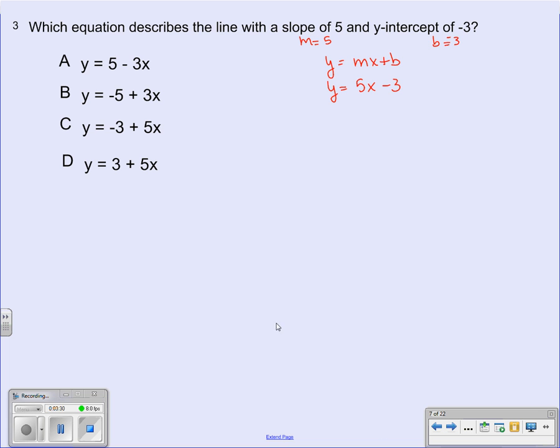As I look at my answer choices, I do not see an answer choice that looks exactly like this one, so I'm going to first look to find which answer choices have a 5 and an x together. A has a 3x, that's not it. B has a 3x, that's not it. So we'll look at C, has a 5x. Next, we'll check to see which one has a negative 3. C has the negative 3, so C is our correct answer.